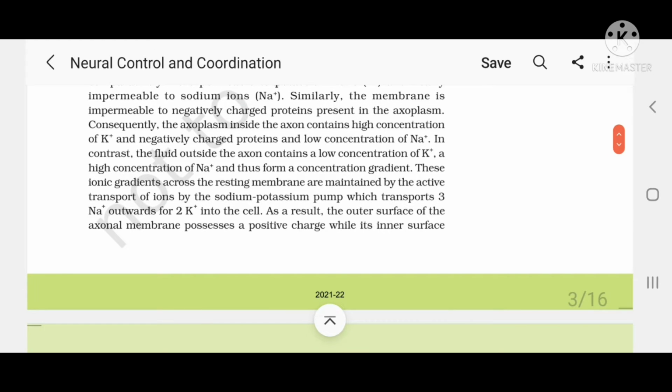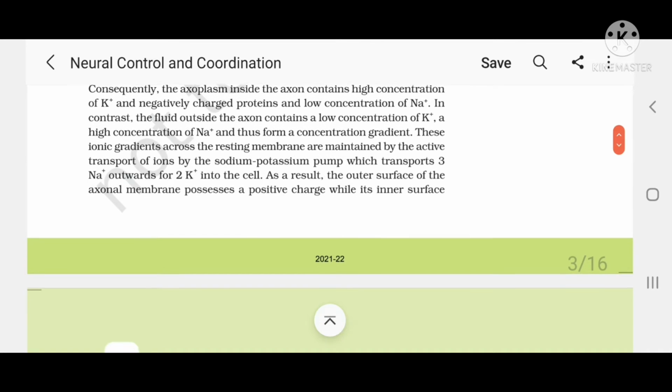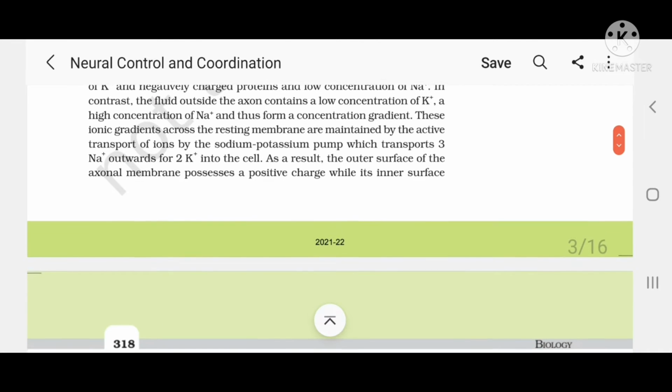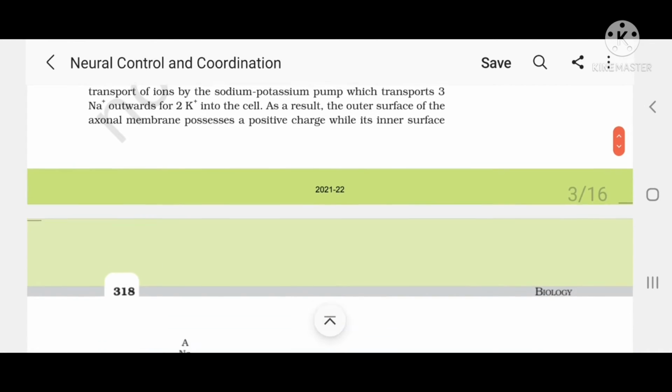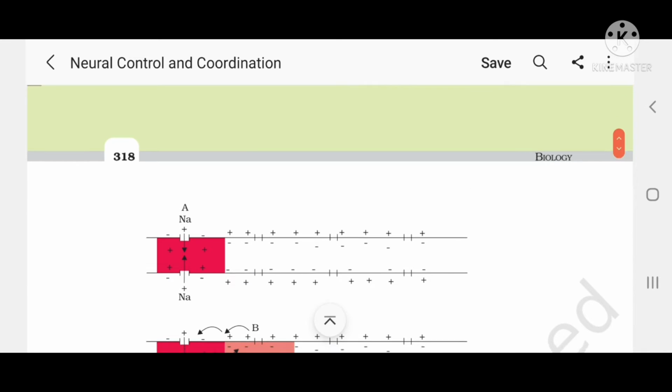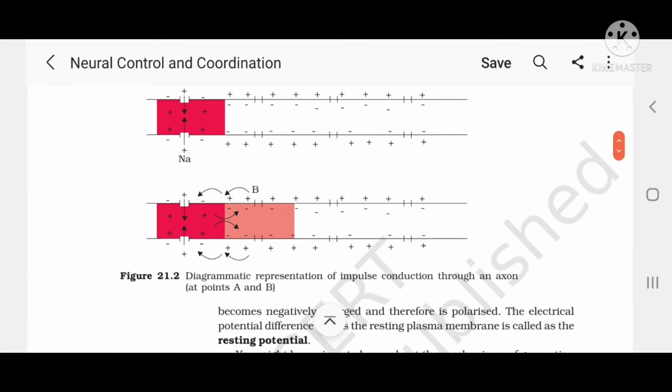As a result, the outer surface of the axonal membrane possesses a positive charge, while the inner surface becomes negatively charged and therefore is polarized. The electrical potential difference across the resting plasma membrane is called the resting potential.